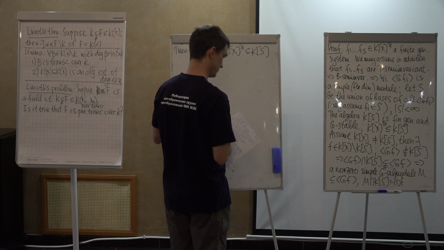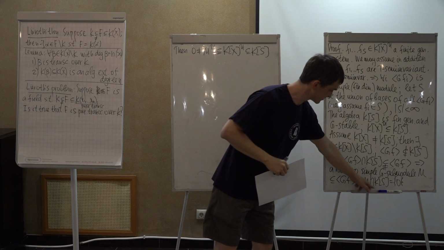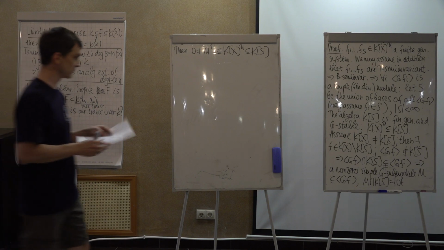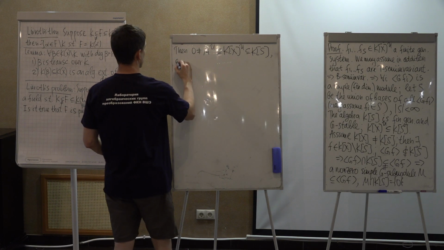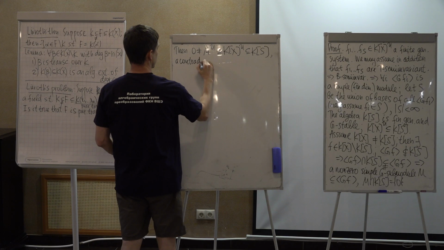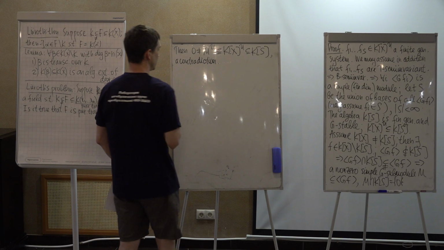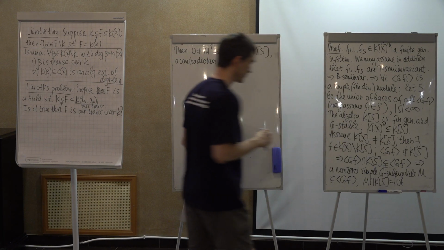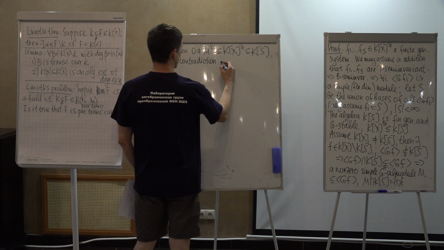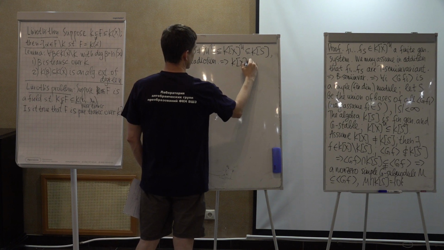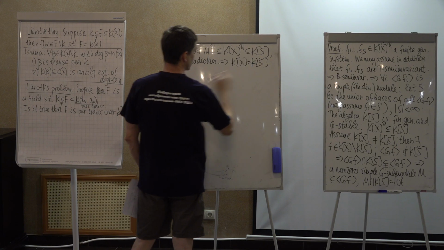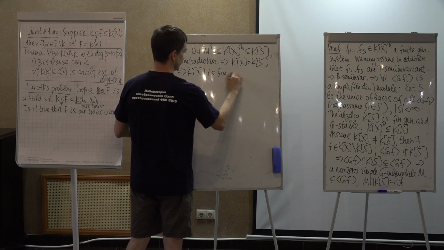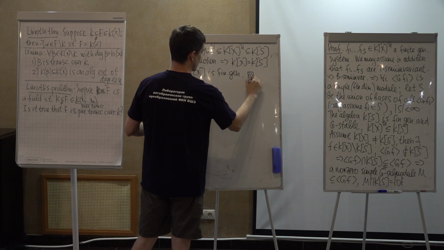And so this contradicts this intersection condition. So, contradiction. This means that our assumption is wrong, and in fact we get the equality of all the algebras. So K[X] is finitely generated. So this completes the proof.